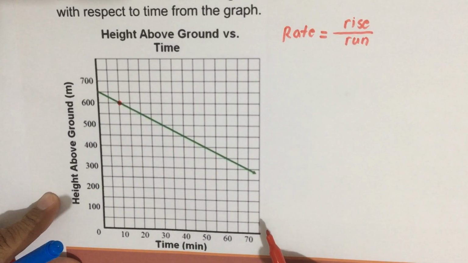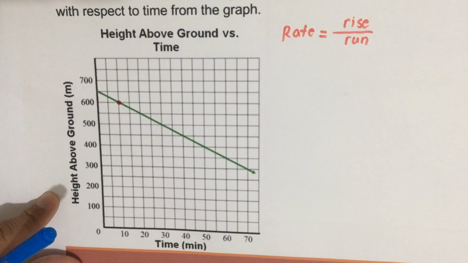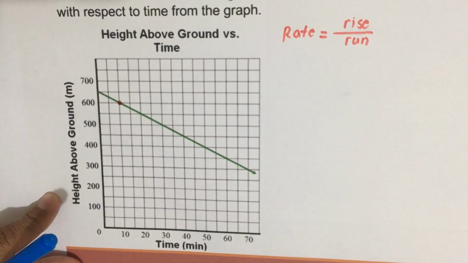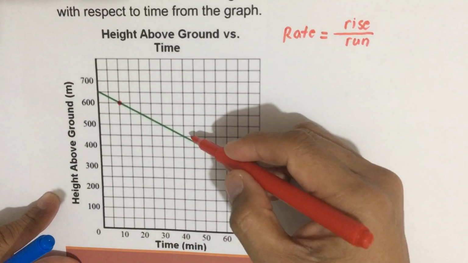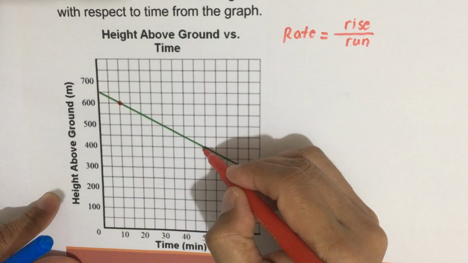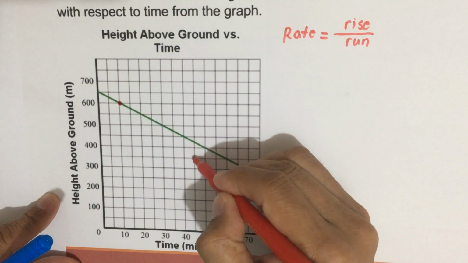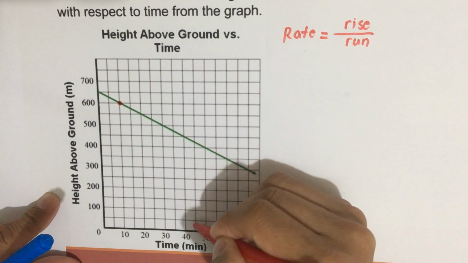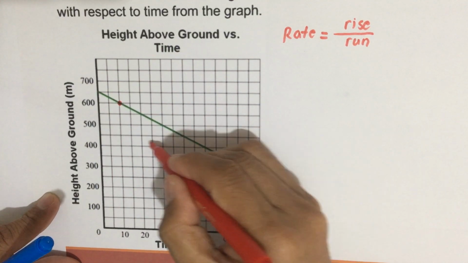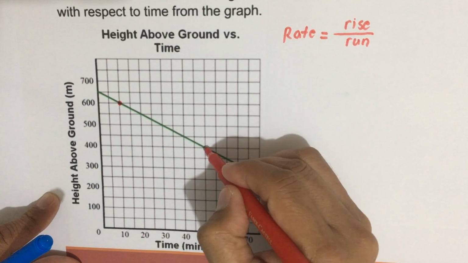And let's find another point. Let's select among these, I think this one. If I select this one, it is not clear. The corresponding horizontal value is okay, but the vertical is not clear. So better to select this one.